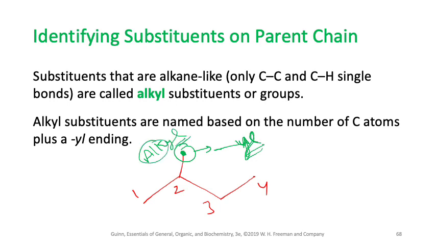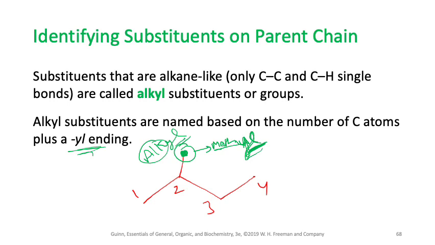So an alkyl can have any number of carbon. 3 carbon atoms is propyl, 2 carbon atoms is ethyl. So the naming always ends with YL, right? YL ending. So what's the name of this substituent? How many carbon atoms? One is meth, so the name is methyl.